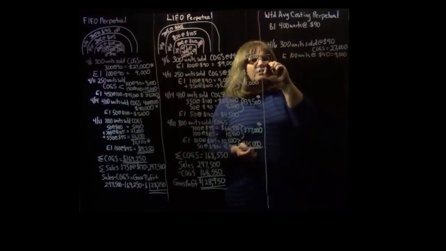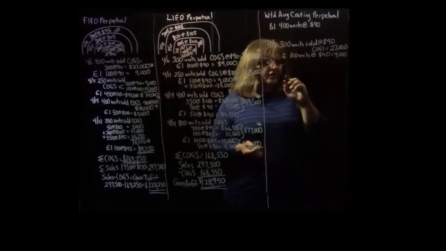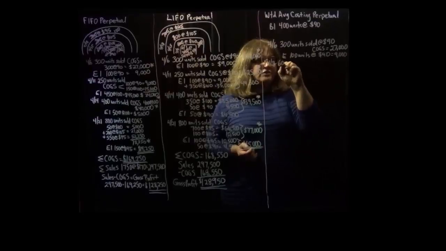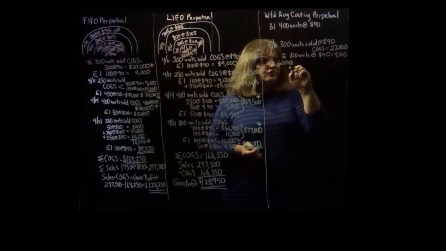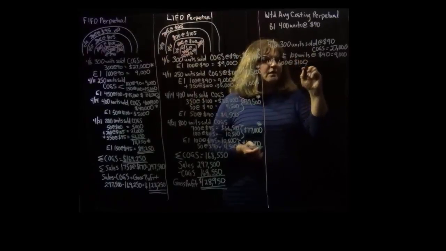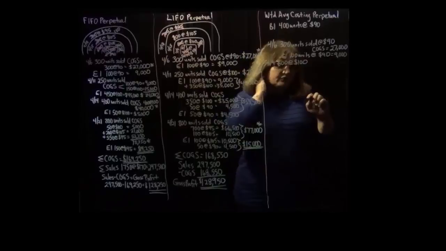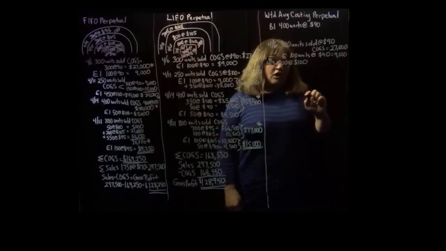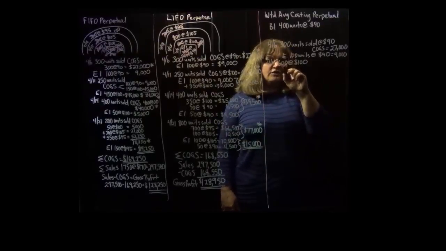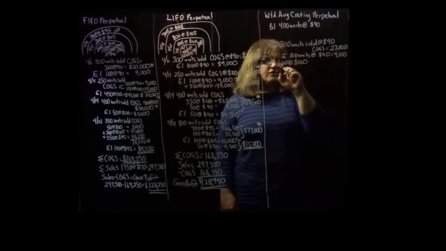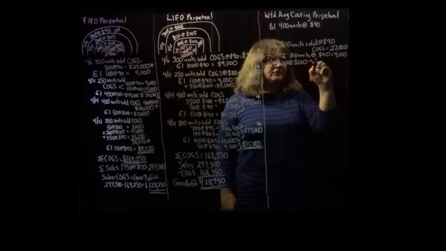Next, we're going to make another purchase. And in that purchase, we're purchasing, again, the 600 units for which the company paid $100. And so what we have to do is recalculate the average cost, because now our average cost is going to consist of the 600 units that cost us $100 each for a total of 60,000.